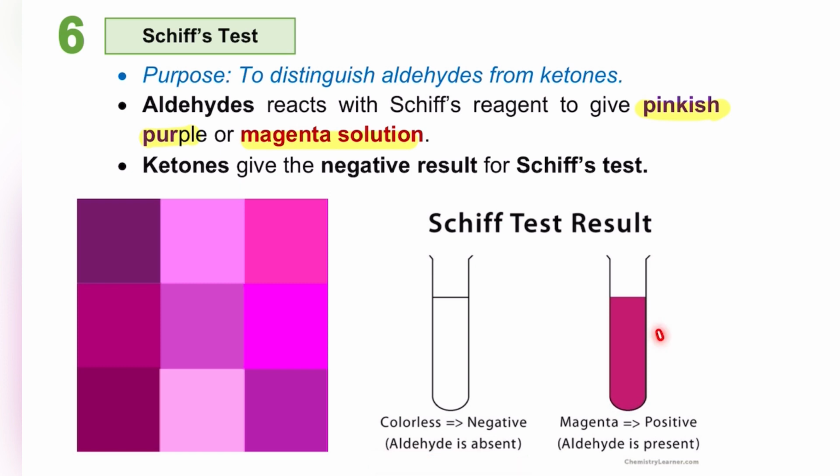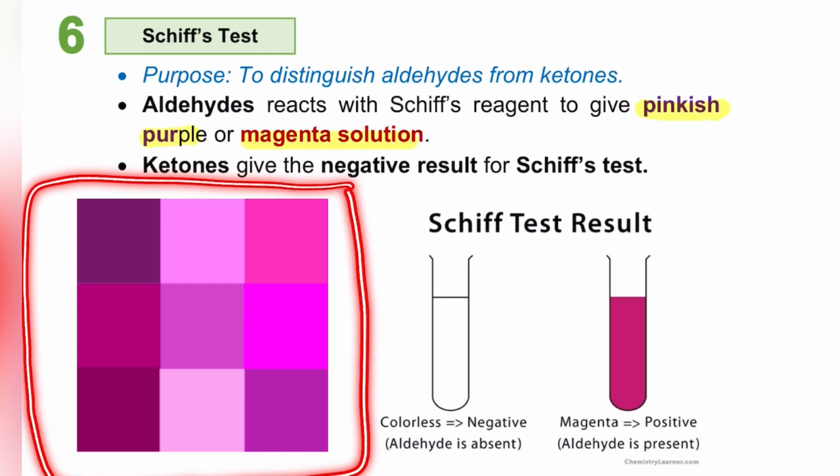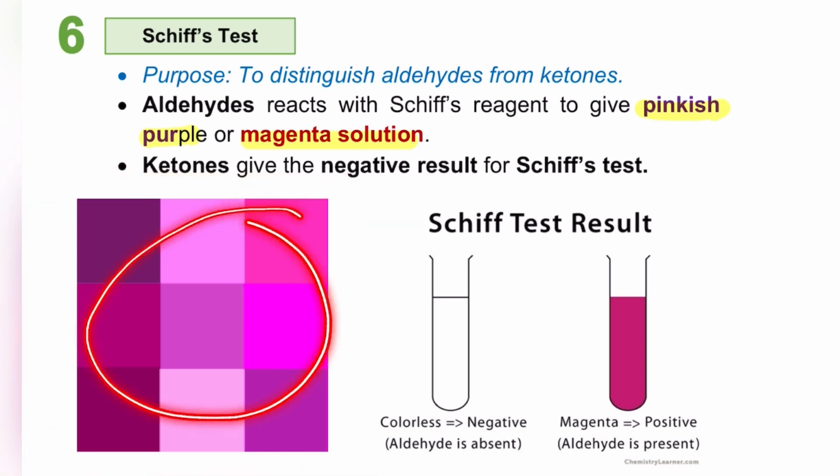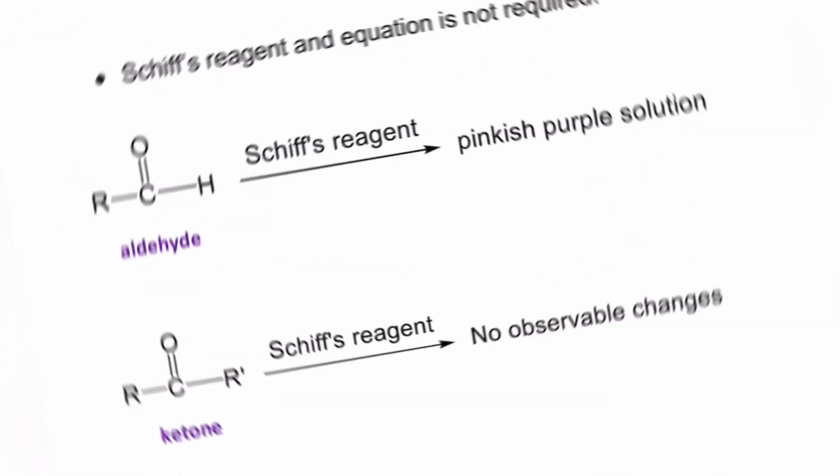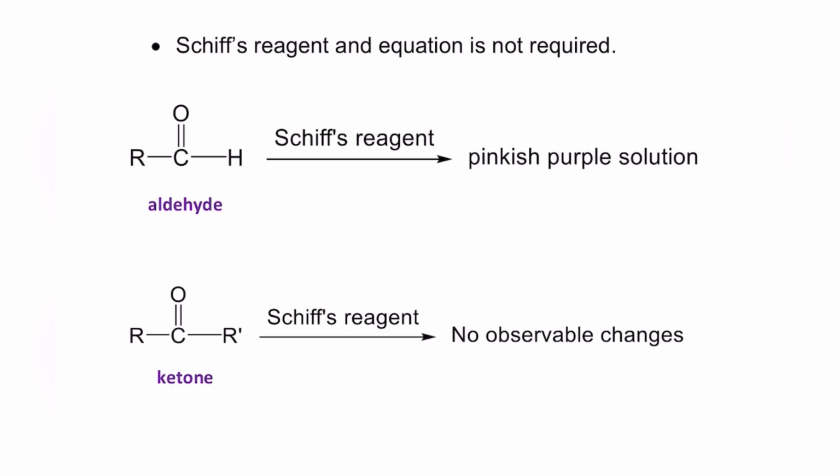However, kalau kita dapat magenta ataupun any shade of colors here, okay, similarity saya dah tunjuk, awak akan boleh conclude aldehyde is present in this solution. One requirement that you have to know for your syllabus, you don't have to write the equation for Schiff's reagent. It is not required.